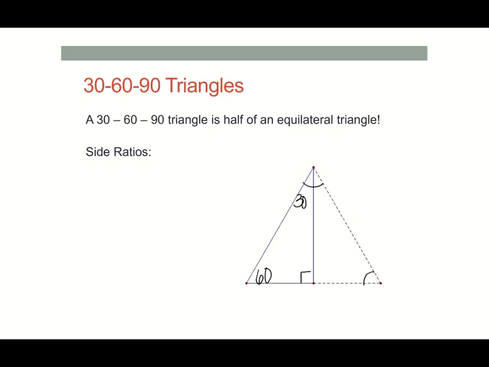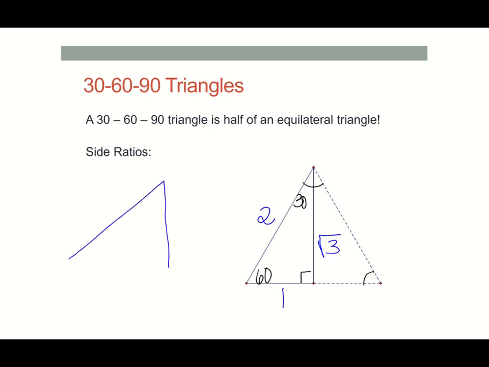So let's say we call this side up here 2. That would make every side 2. But if we bisect this side, that makes this side 1. And up here, we're going to call this square root of 3. So have this down in your notes.